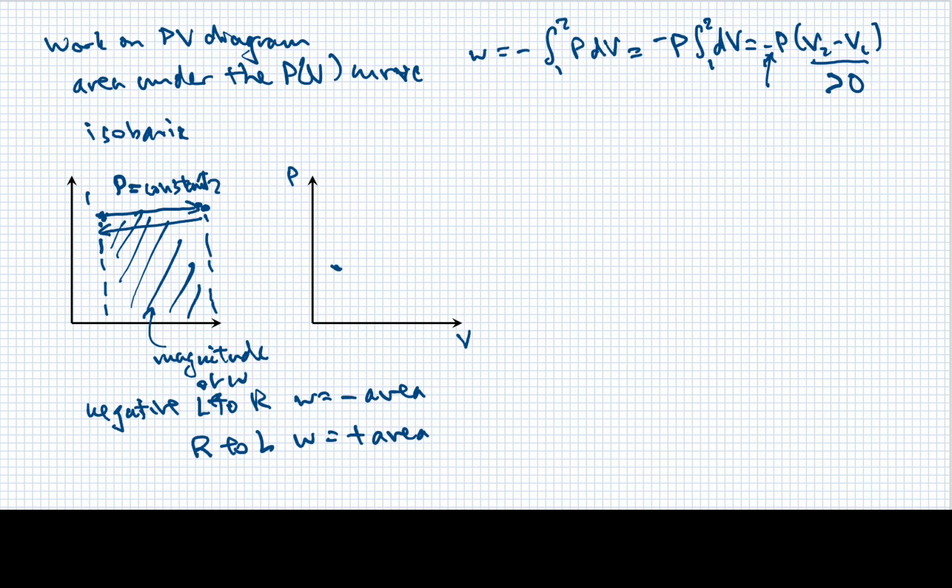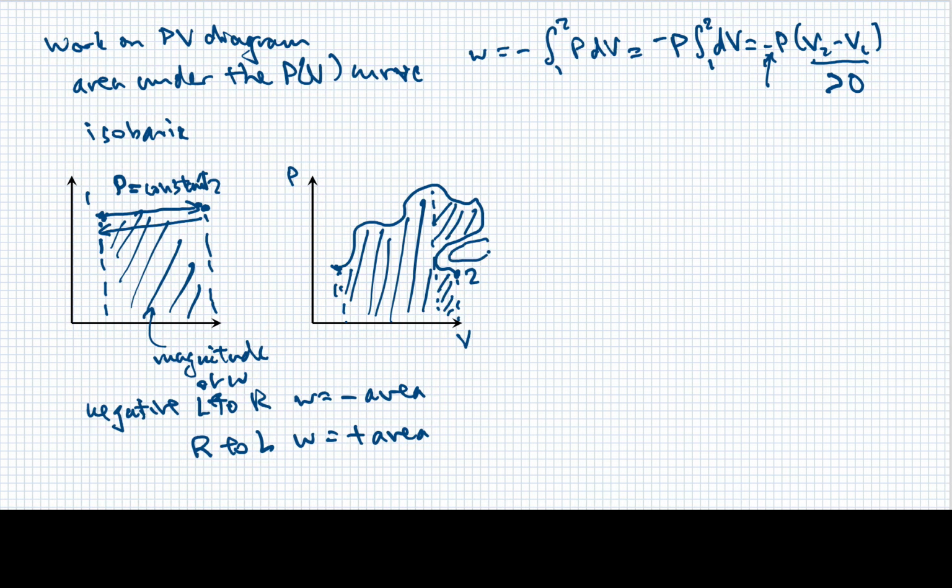So if my initial point is here and my final point is here, and actually I've screwed this up a little bit by making this such a complicated diagram, but for this part of the curve up to here, it'll be the negative area under this part of the curve, and now it will be this part of the curve here and this part here, but it won't include this region in here because we were going from right to left.